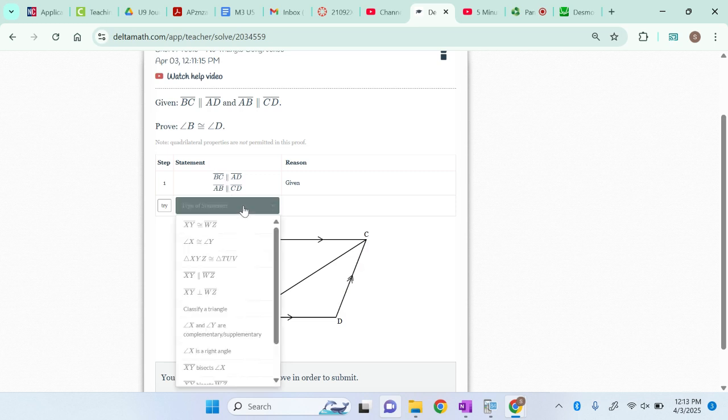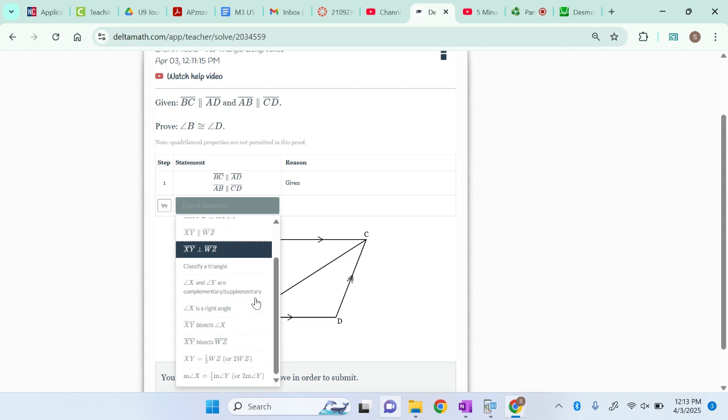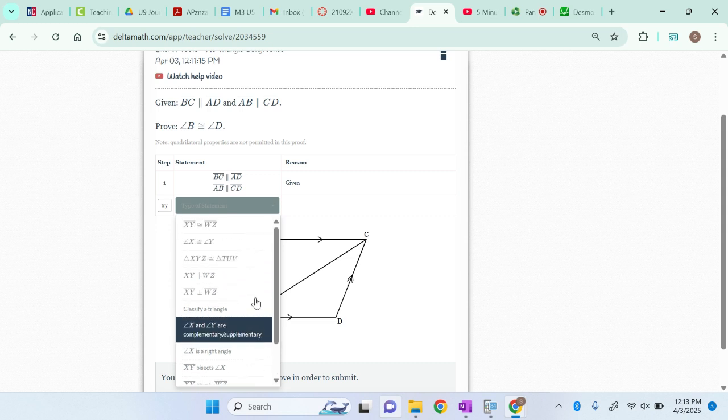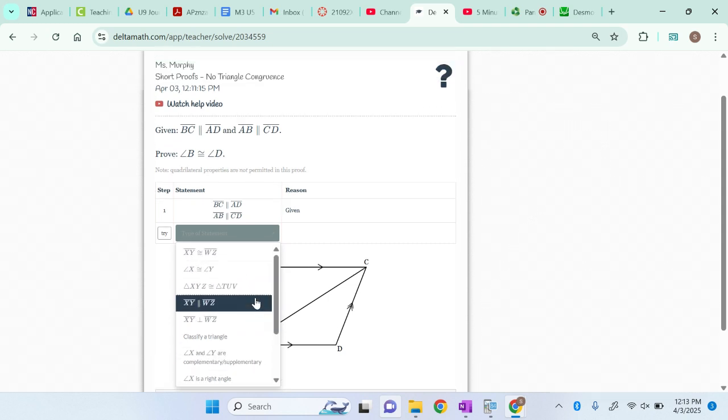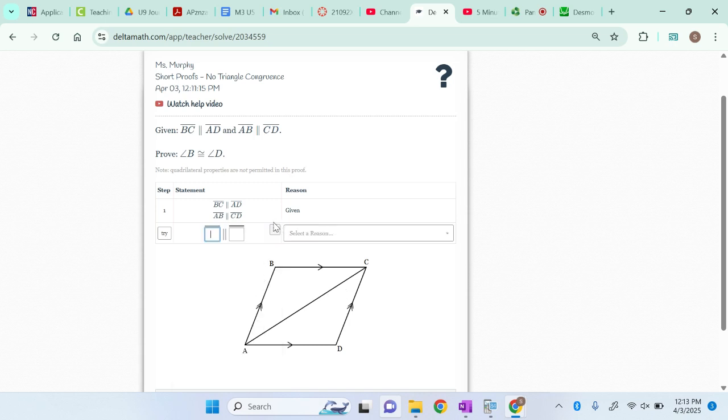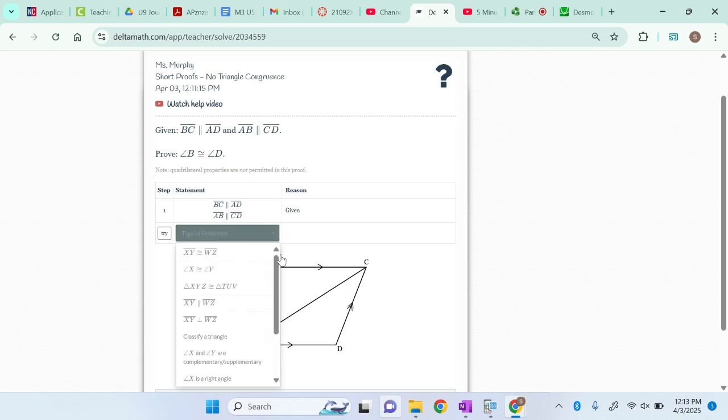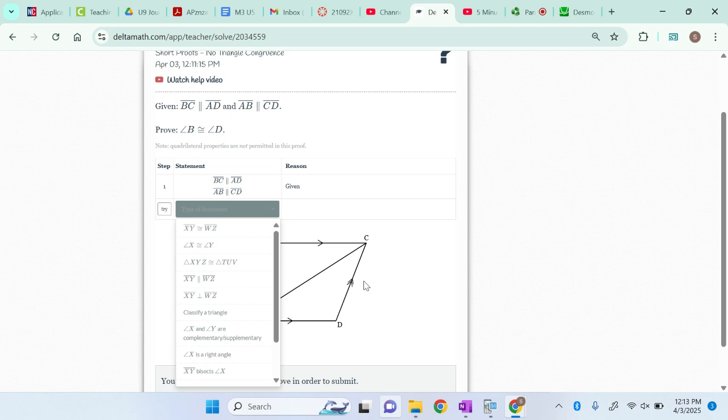So we're going to look at the statement and we're going to scroll down till we see, do we have to do something before? We're not classifying a triangle.